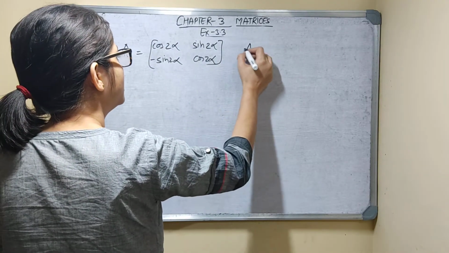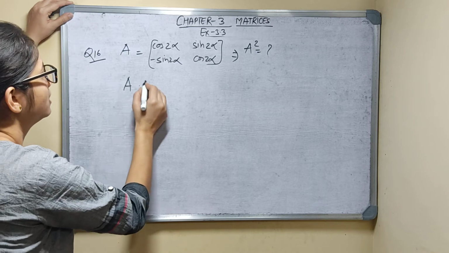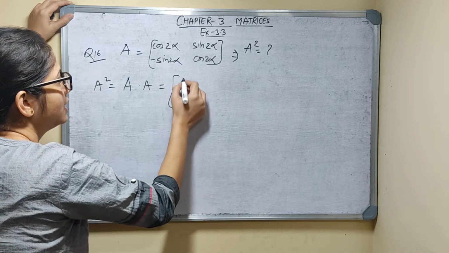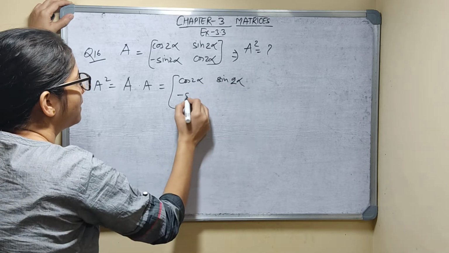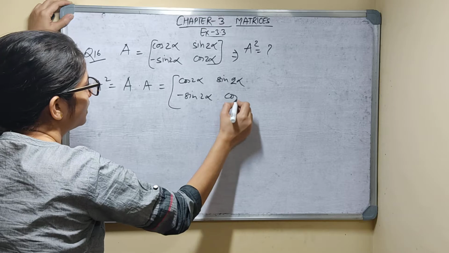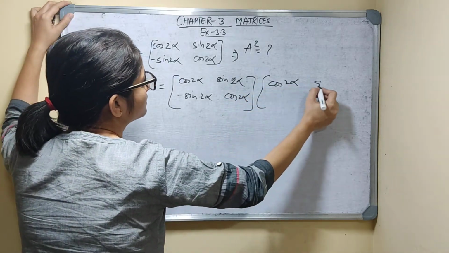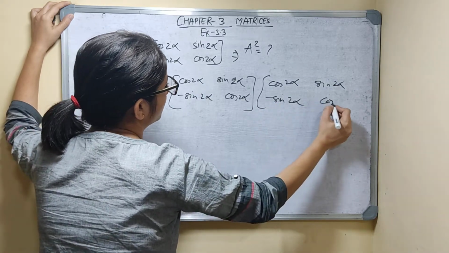A square I can write as A dot A. So I multiply it with the same matrix: [cos 2 alpha, sin 2 alpha; minus sin 2 alpha, cos 2 alpha].